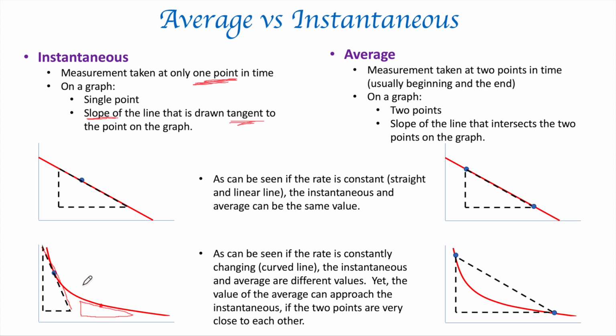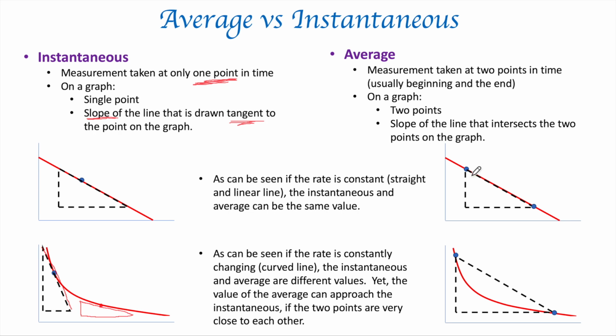So again, with the instantaneous, you're only measuring a single point. Now for average, you're just looking at the measurement taken at 2 points in time. Usually it's at the beginning and at the end. It could be really anywhere, but most often you're looking towards the beginning and towards the end. So you have 2 points, and you'll find the slope of the line that intersects those 2 points on the graph.